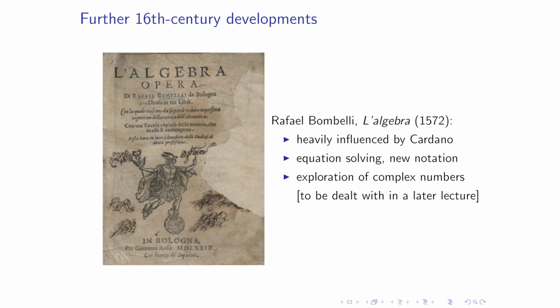They're not the Latin reading academic class. They're getting out more widely. And he repackages a lot of what Cardano was saying in a slightly easier form. I've put here new notation because exponent notation is something that may come from Bombelli, where he's trying to simplify things slightly. And he explores complex numbers a bit more systematically than Cardano. And he's a bit ambivalent about what they are, but he comes up with some rules for how to handle them, and we'll see that in a later lecture.